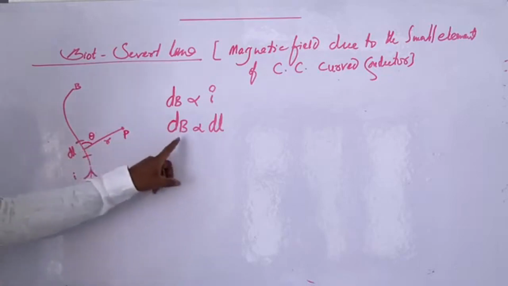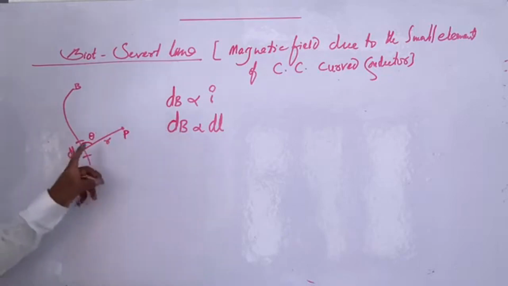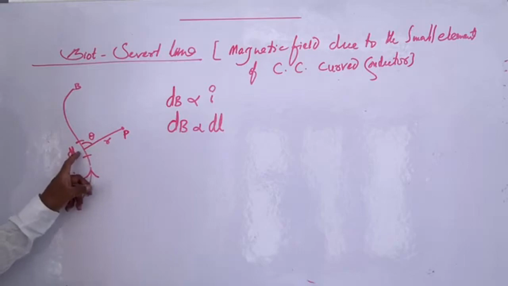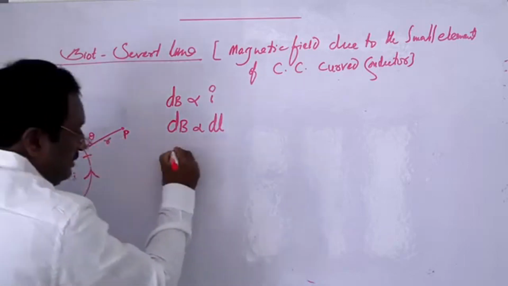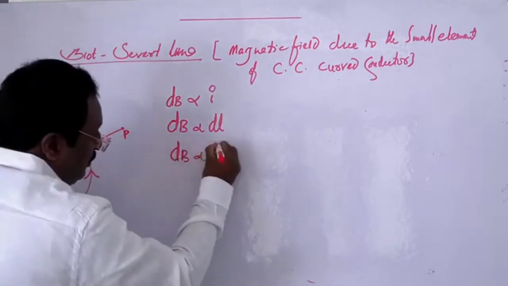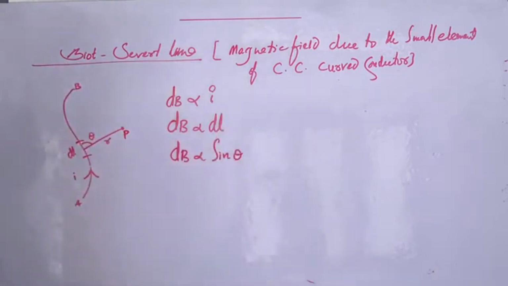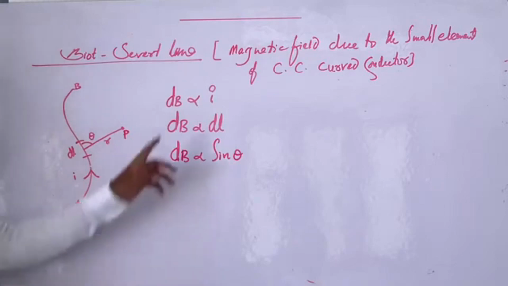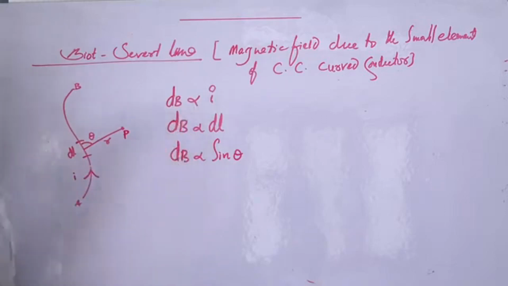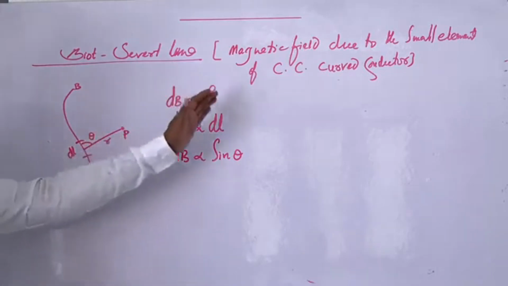Here the magnetic field is also directly proportional to the sine of the angle between the element and the point. dB is proportional to sin theta. So according to Biot-Savart, the magnetic induction due to the curved conductor depends upon these three factors.